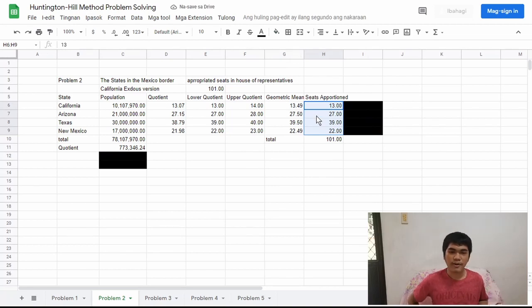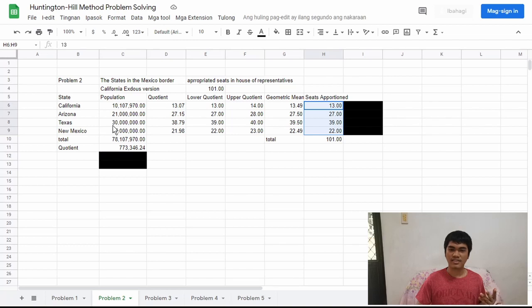So in California, the seats that will be appropriated will be 13. And in Arizona, which gained a lot of population due to the Californian exodus because they are bordered with California, this is the first state that people usually move to outside of California via land. So they will get 27 seats.